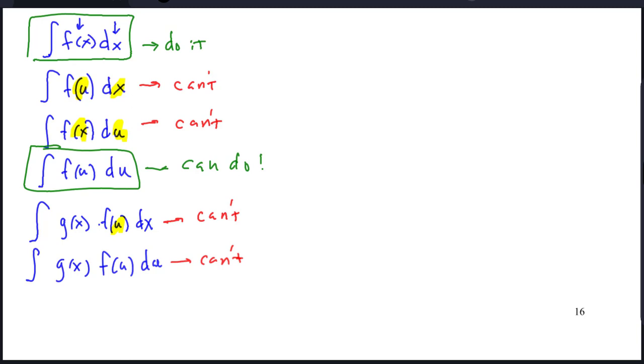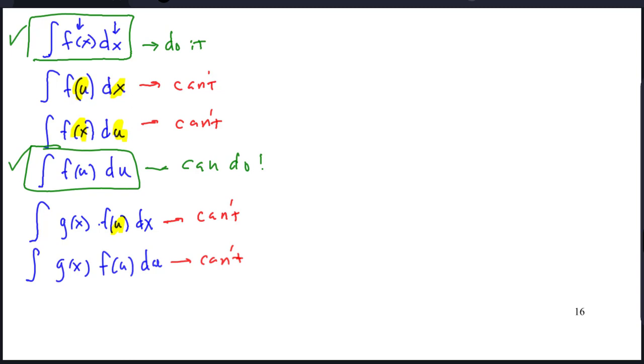So when we do integration, we have to slow down and be patient and make sure that when we change stuff around, we've got these good ones. So we're always looking for all u's and du's or all x's and dx's. Okay, that's one little insight that I hope will help you.